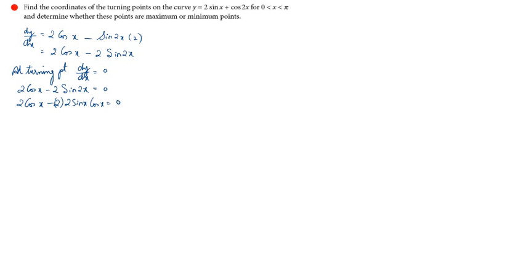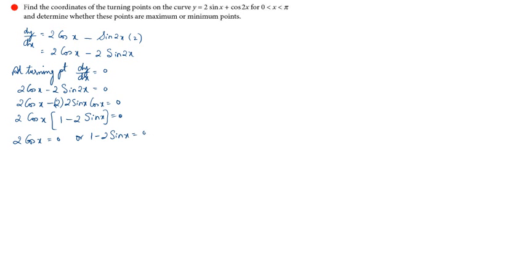So now we have 2 cos x as a common factor. 2 cos x into 1 minus 2 sin x is equal to 0. So this implies 2 cos x is equal to 0, or 1 minus 2 sin x is equal to 0.